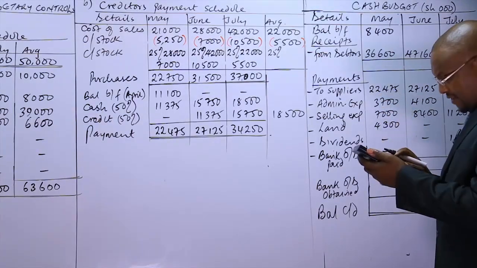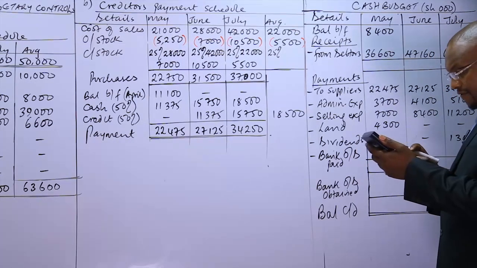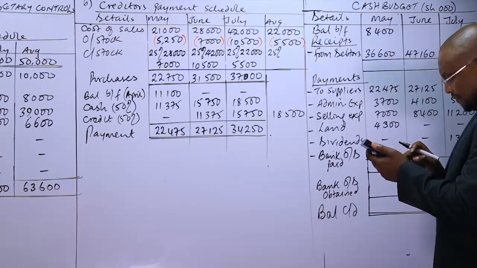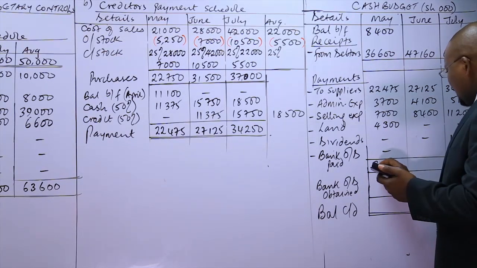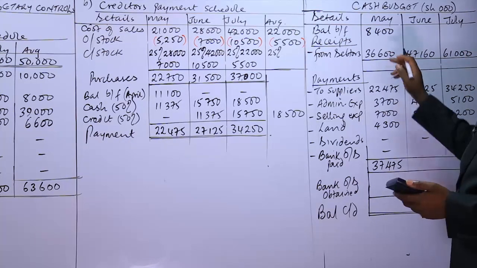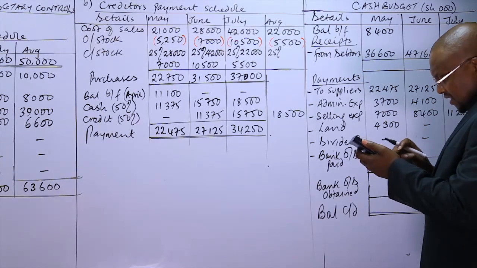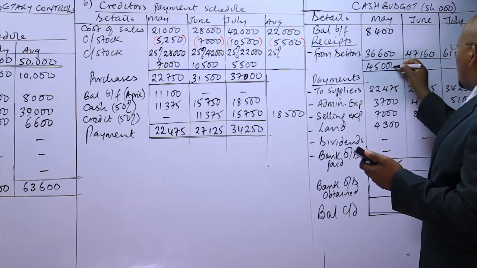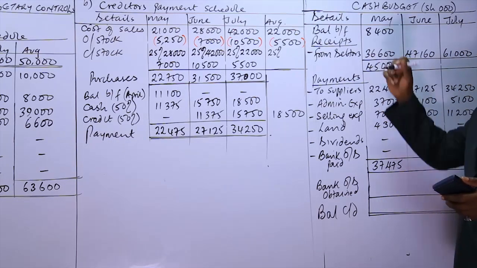The payments for this month, we have 475 plus 3,700 plus 7,000 plus 4,300, which is 37,475. While the receipts of that month, we have 8,400 plus 36,600, which is 45,000.